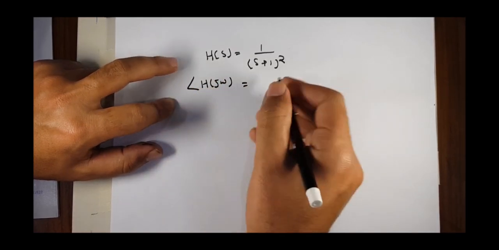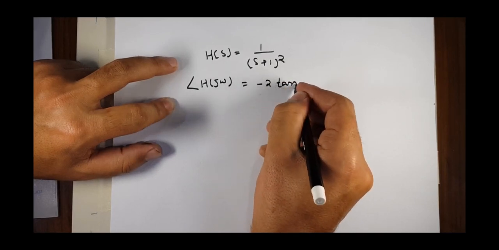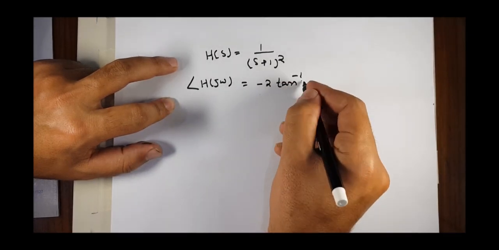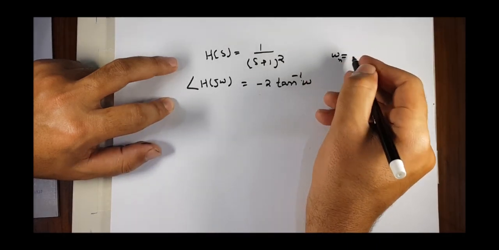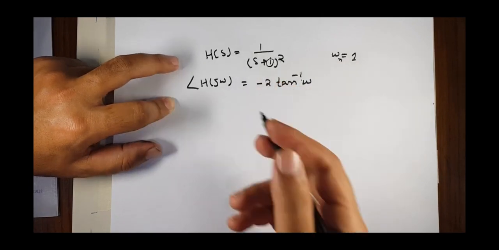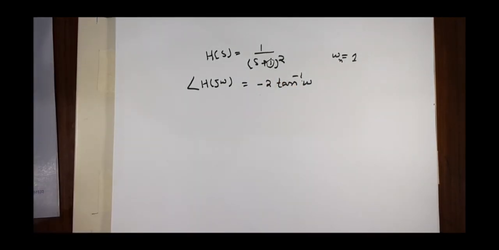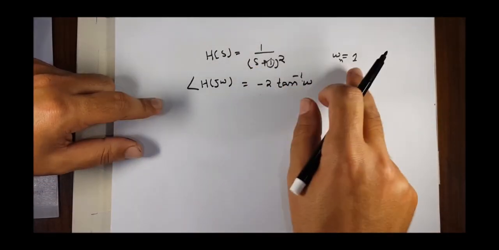This is minus 2 tan inverse of omega. You remember that omega n is equal to 1 here. This could be anything, 1, 2, 3, 0.5, any value, but in this particular example it is 1.